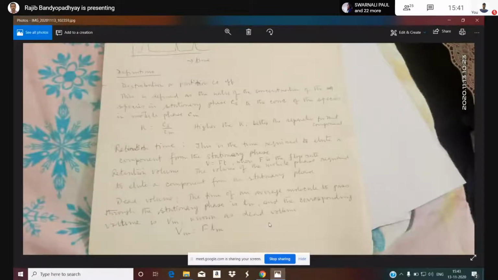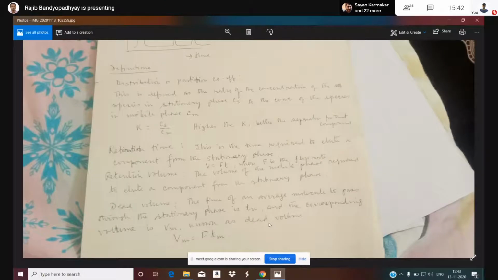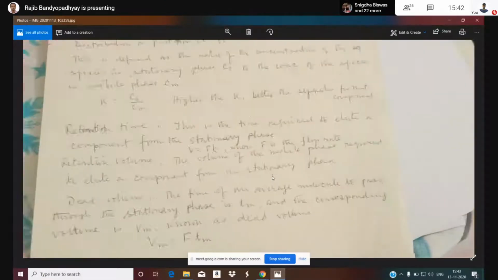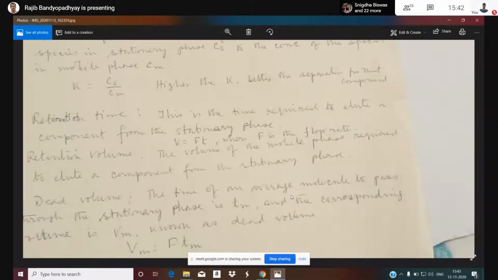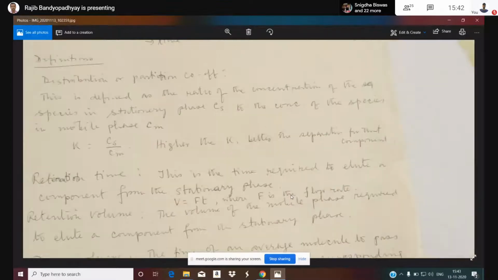Can you read from this screen now? Here are some definitions. Sir, can you please zoom a little? I think now you can see the distribution and the partition coefficient.